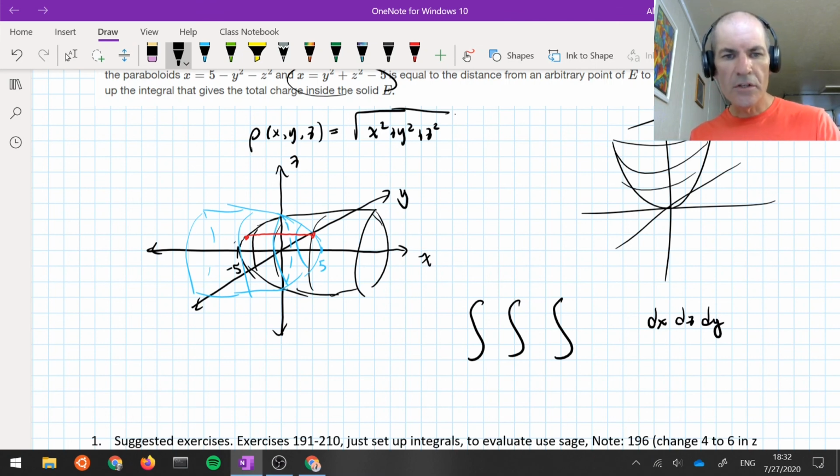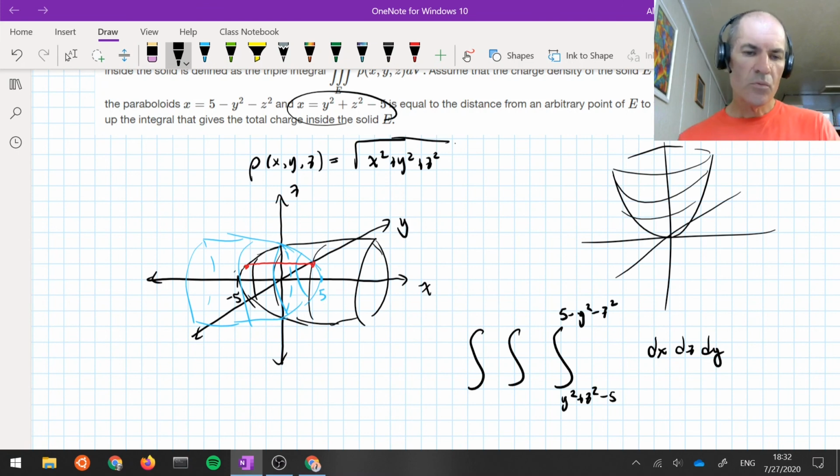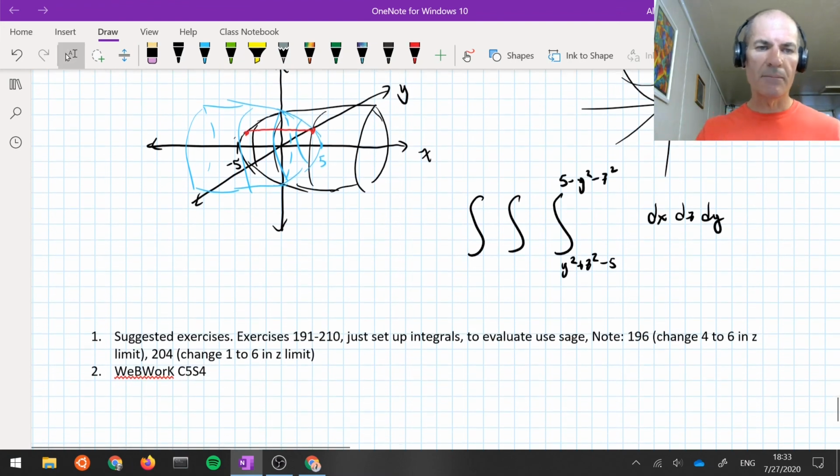Dx is always going to start on the black paraboloid, so it's y squared plus z squared minus 5, and end on the blue paraboloid, 5 minus y squared minus z squared. Once we've dealt with that direction, we collapse the whole thing into the YZ plane.